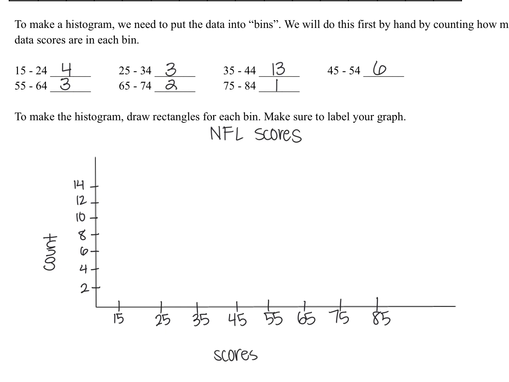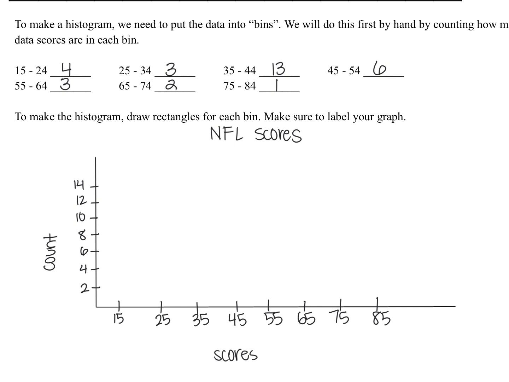Another thing to keep in mind is if you end up with a bin with no numbers, like if I didn't have any scores between 65 and 74, I cannot skip it on my graph. What ends up happening is I'll just have a space there, drawing my bars where they don't end up touching.